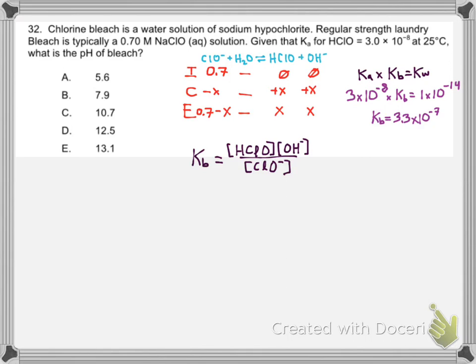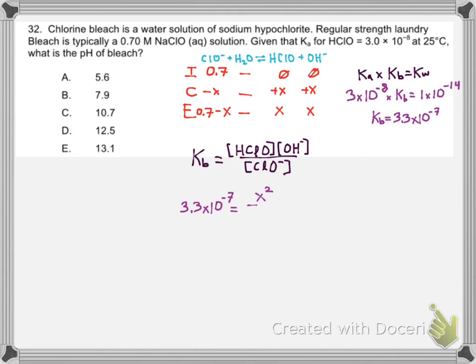Cool. Now we have everything we need to answer this problem. So plugging in 3.3 times 10 to the negative 7th is equal to x times x.